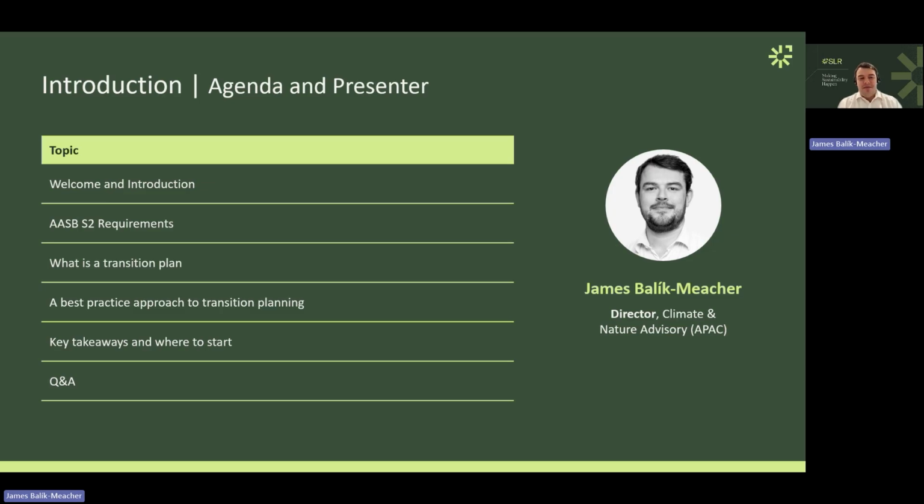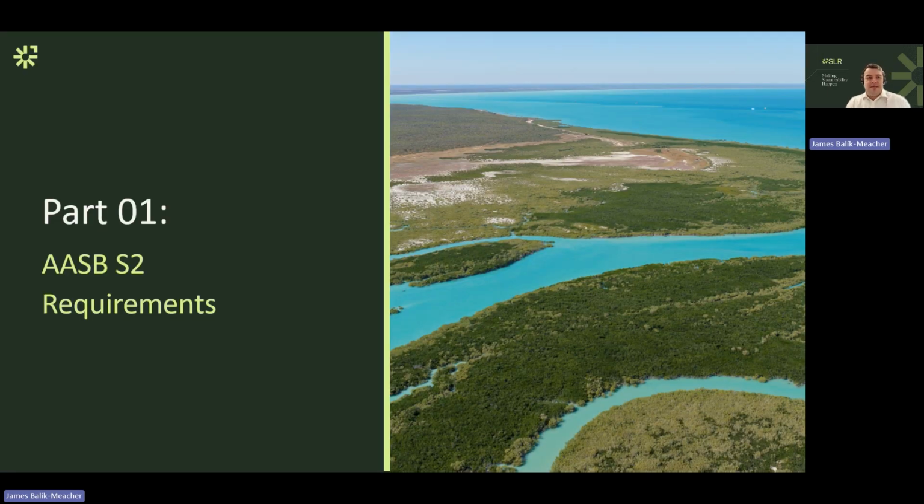I'll then give a high-level overview of what a transition plan is and what a transition plan should be. And then the main focus of the session will be running through some best practice examples. So we have a number of transition plan reports that will highlight to show how people are disclosing this and where people can begin for their own disclosures. As I said, we should have 5 minutes or so at the end for Q&A. So if you have any questions as we go, please do drop them in the chat.